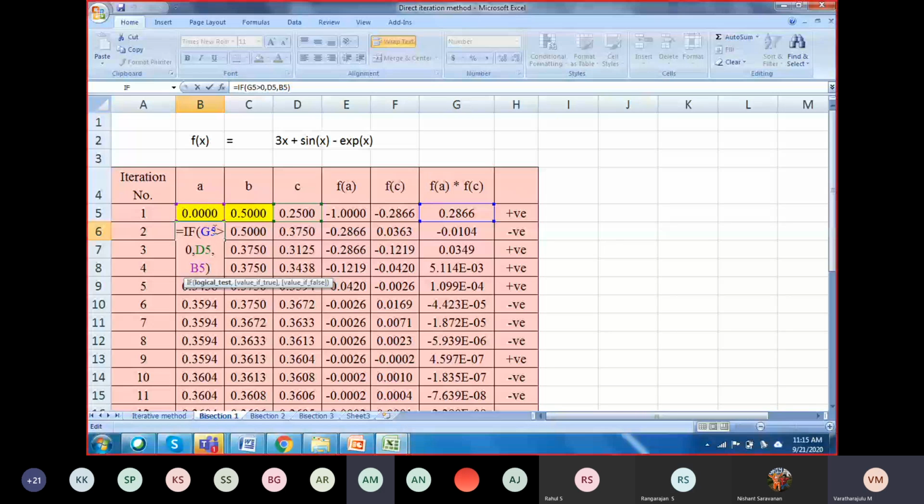If it is greater than 0, D5. What is our D5? Consider C as A. Else A, let it be A.